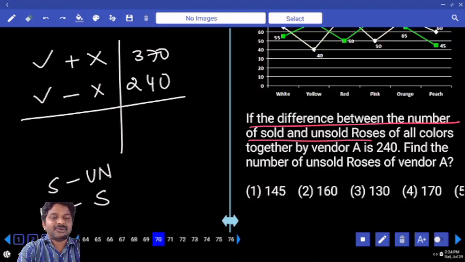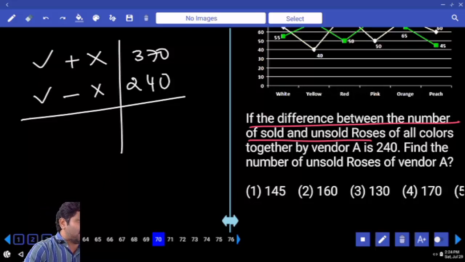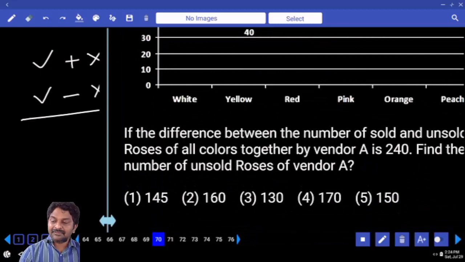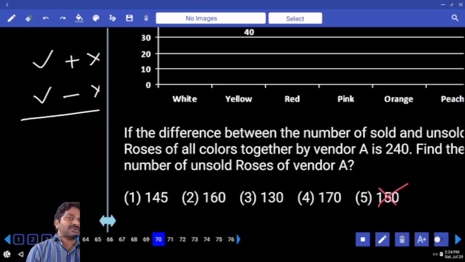For clarity purpose, they should give you one more condition, like sold flowers are more than unsold flowers. They haven't given it. So answer cannot be determined would be the answer, but you are given all 5 options. If the fifth option is cannot be determined, answer goes to cannot be determined. Because difference of A, B in the sense it may be A minus B or B minus A. But 5 options are there.